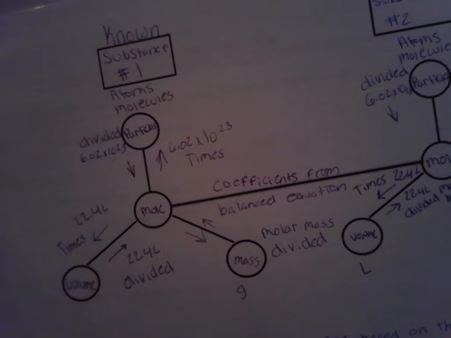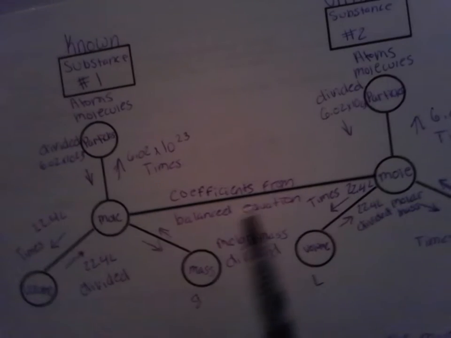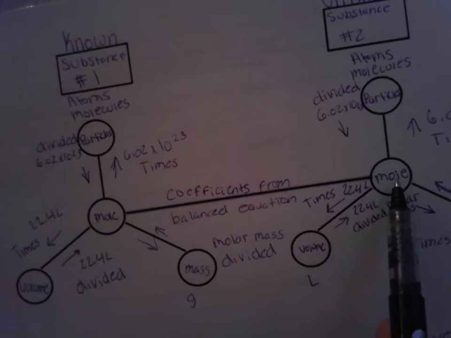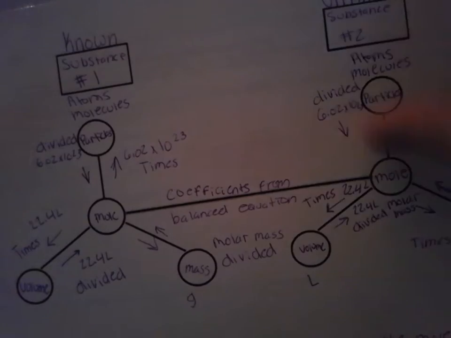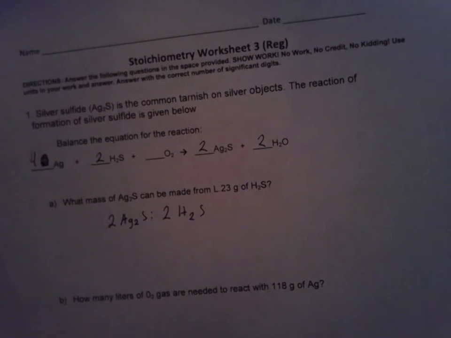So we have our known substance, so we're going to go from mass to mole, and then from mole to mole, and then from mole to mass, because that's what the question is asking.